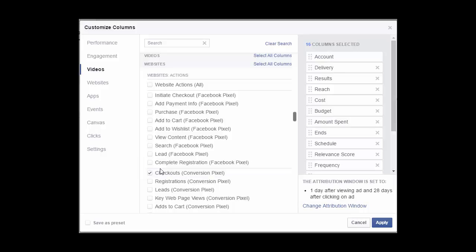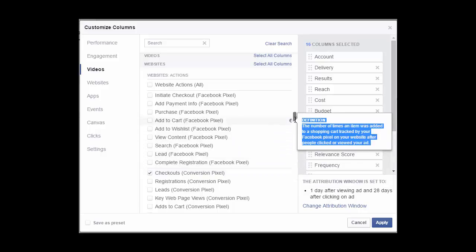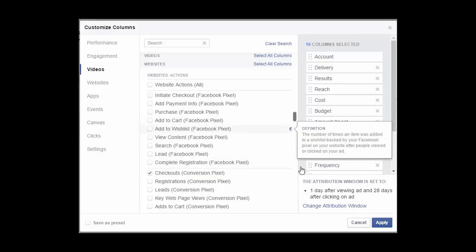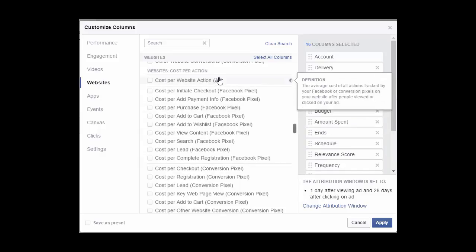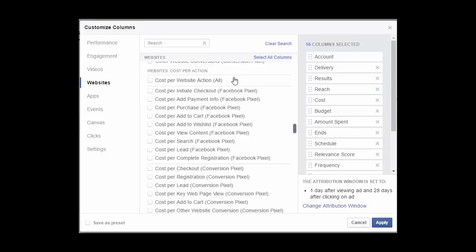In website cost per action, make sure you check the cost per checkout. Okay, this one right here, conversion pixel.